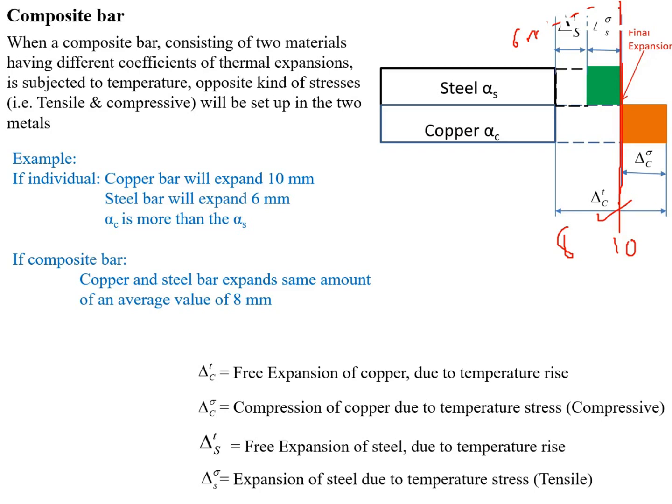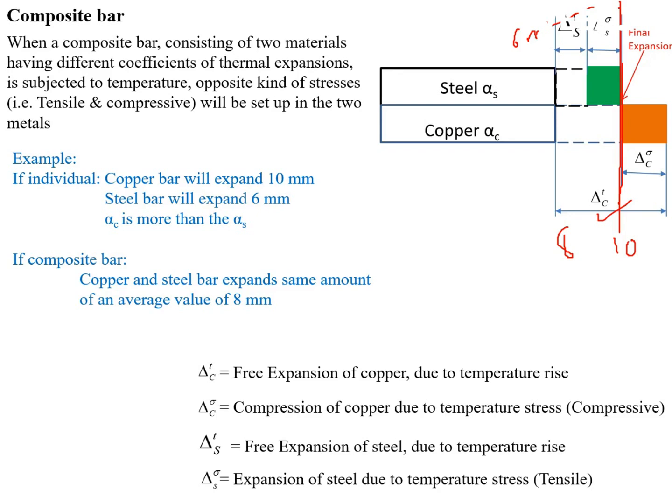So here we have to remember that copper is freely expanding up to 10 mm if it is an individual material, but here it is expanding up to 8 mm only as a composite bar. Similarly, steel expands up to 6 mm as an individual material, but here steel is expanding up to 8 mm as a composite bar.